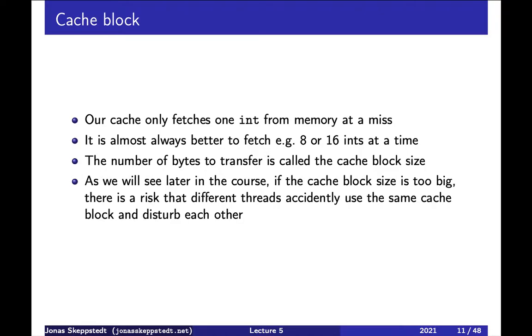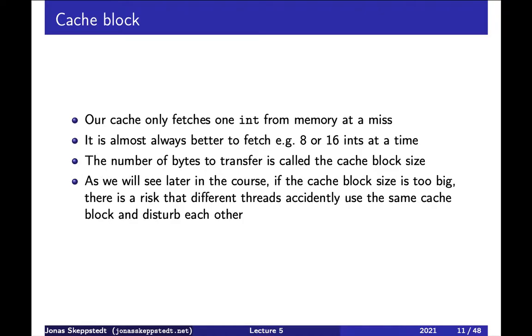And what is a reasonable cache block size? Well, it is different for single-threaded and multi-threaded programs. I mean, what is best? Because of course, the cache block size is fixed in the hardware, so we cannot change it depending on how many threads we have.